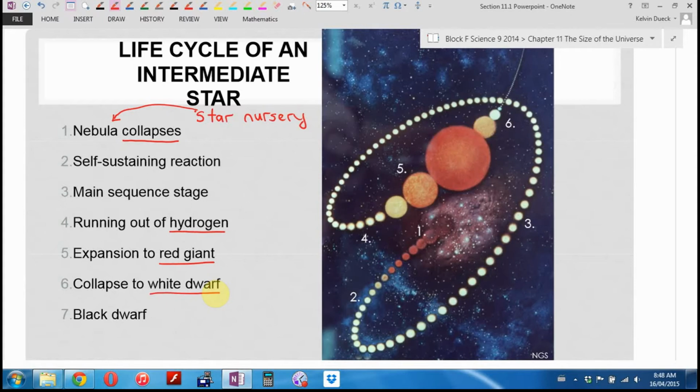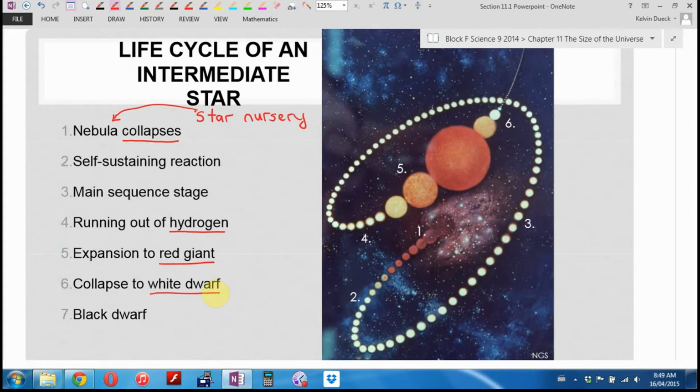Here's what happens. You have a nebula, all this dust, slowly, because all the dust has mass, gravity pulls the dust in, over millions, over hundreds of millions, over billions of years. Okay?